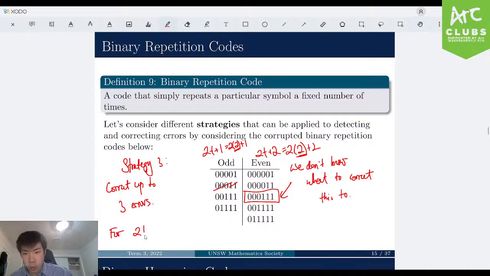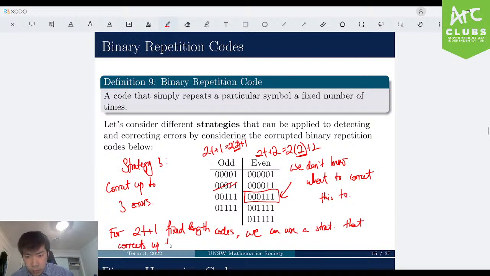for 2t plus 1 fixed length codes, we can use a strategy that corrects up to t errors, right?